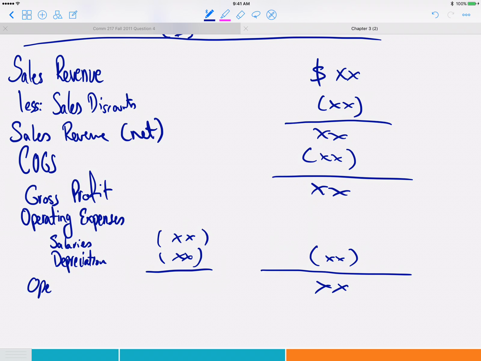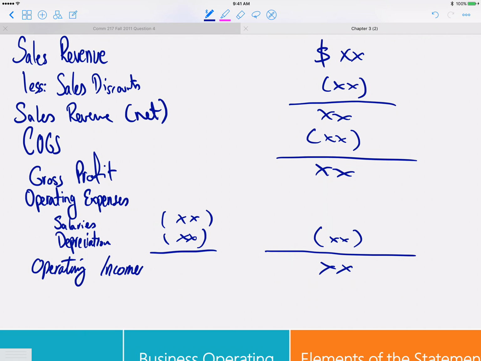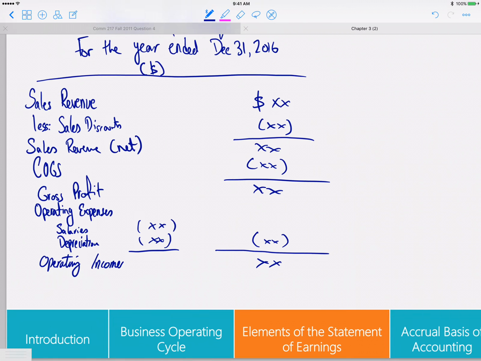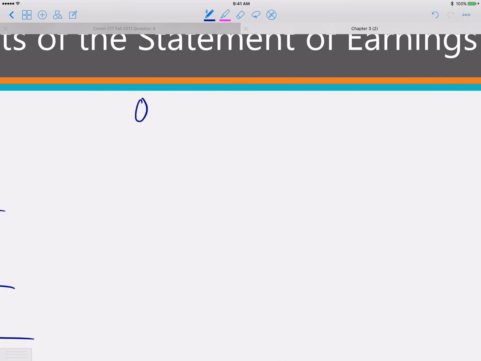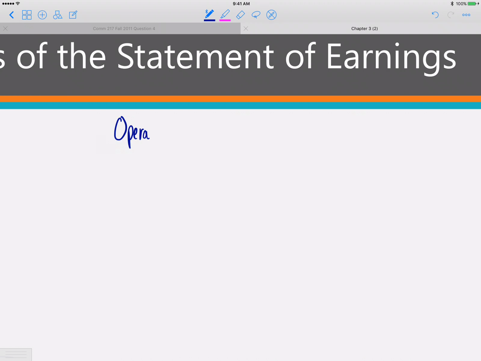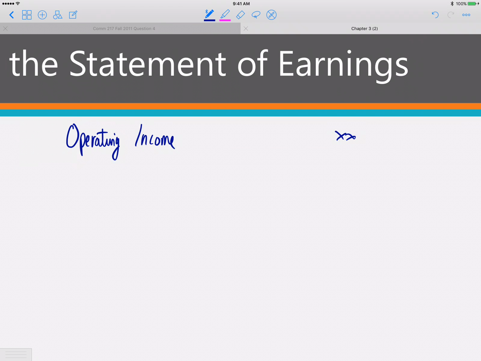That gives us our operating income. And we're just going to continue up on the other side over here. So we were at our operating income. And we will then subtract our financing costs.